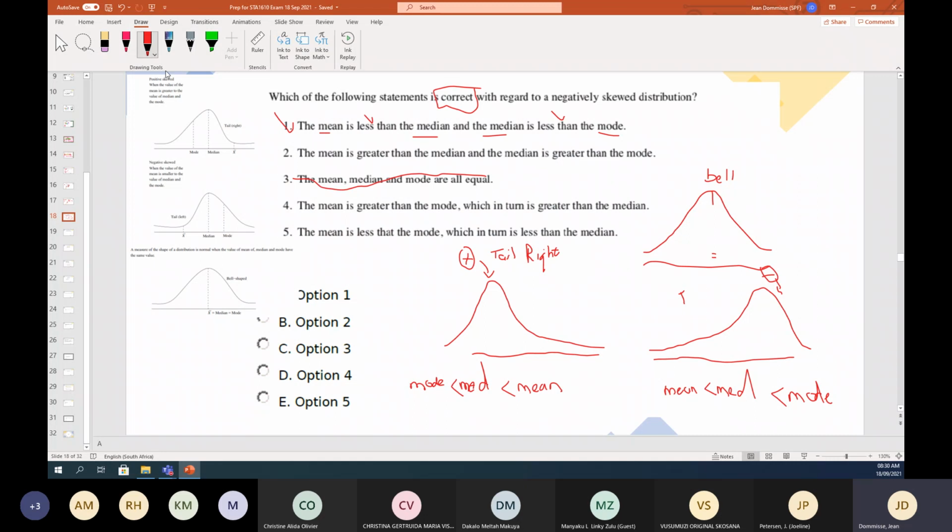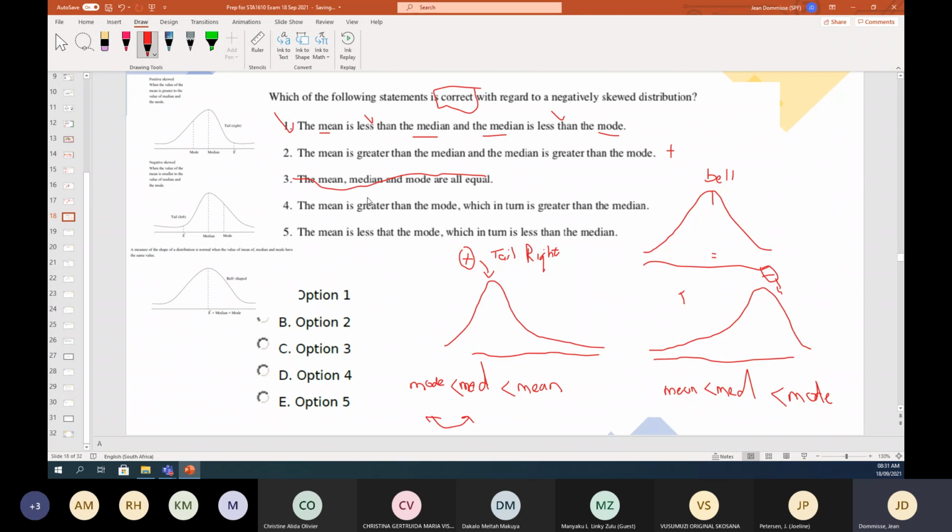Let me just add that one. You look at it from this side, the mean is greater than the mode, which in turn is greater. So they basically swapped those two around.